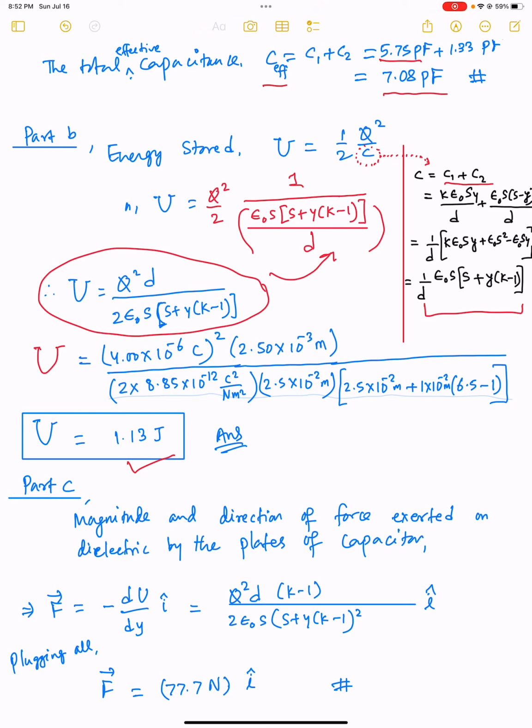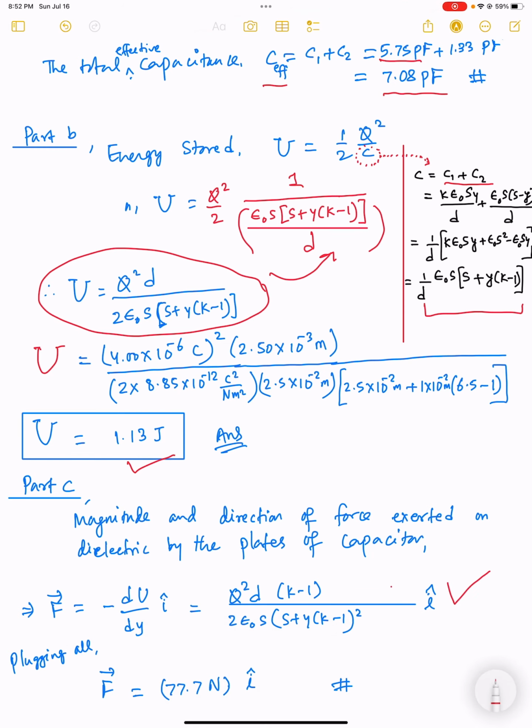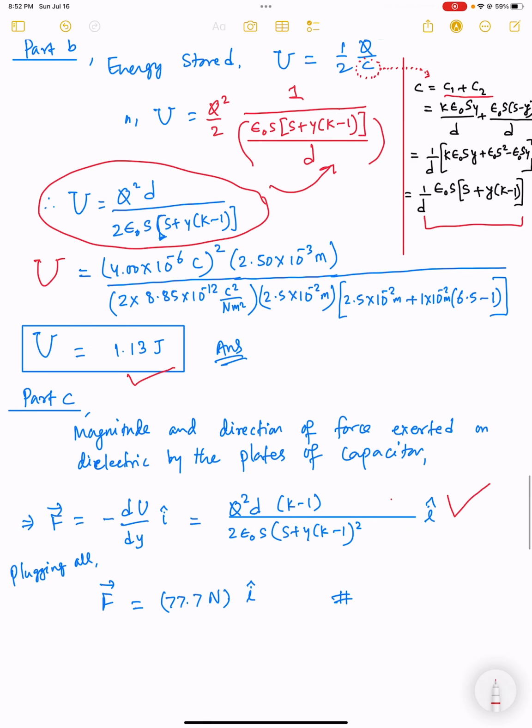So F equals the derivative of this expression with respect to y. You can take a simple derivative of that, which is this. Okay, so when you plug in all the values, that is the value of Q, d, K, epsilon naught, S and y, you will be able to find out the magnitude of force.